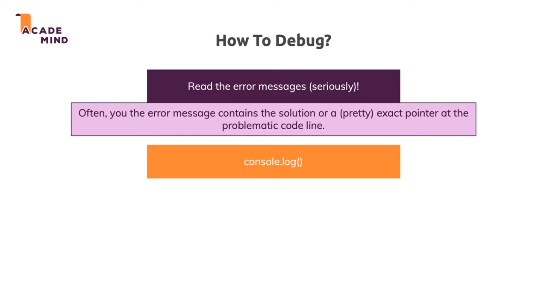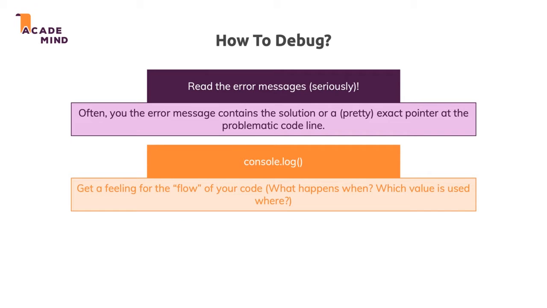Now, console log debugging doesn't have the best reputation, and indeed it's not that great if you're debugging a very complex problem, but to simply get an idea for the flow of your code or for some of the values you're working with, it's great. You can simply dump it into your code and then find out which value you're using at which point, or how something behaves in a certain situation, or if something is getting executed at all, and therefore this is definitely something you should also do.